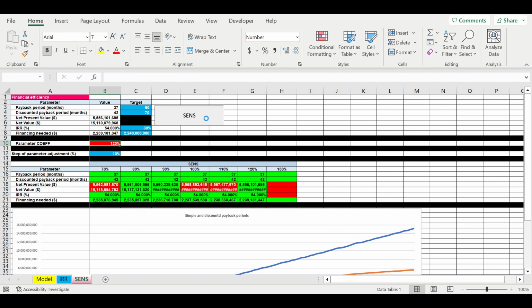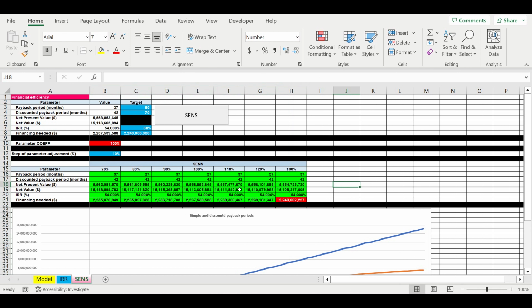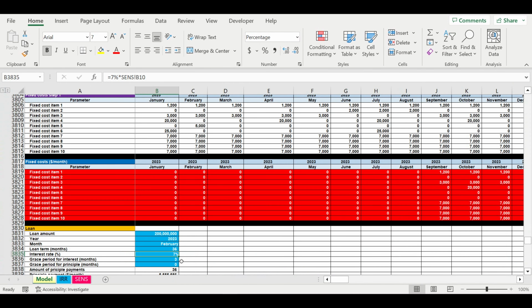So now we can see what will happen with our financials if the interest rate rises or decreases. What we can do now is take this coefficient from, for example, the interest rate, and add it, for example, to pricing.